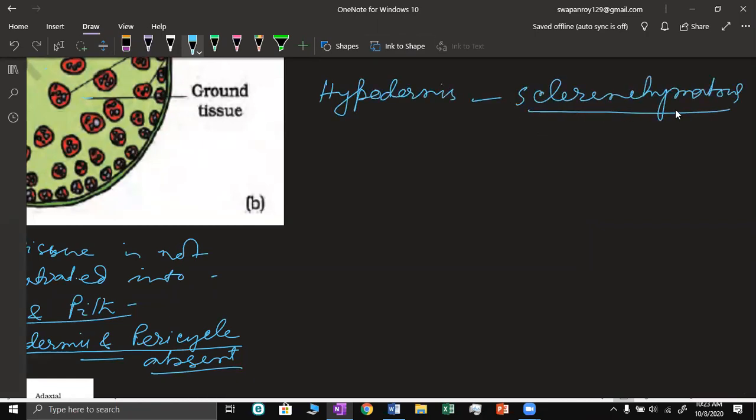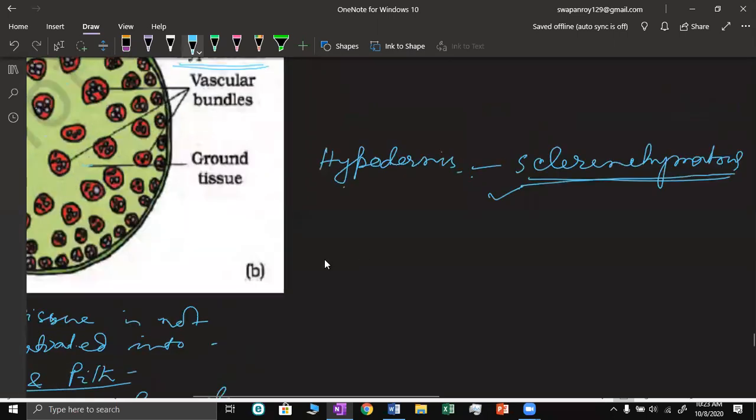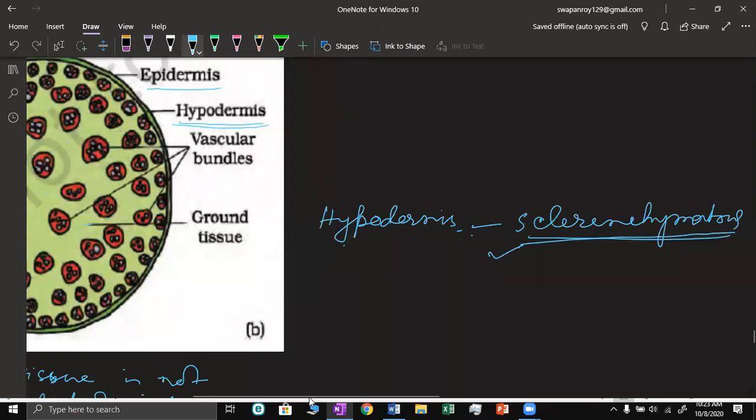Here the hypodermis is sclerenchymatous, and due to this, it can provide strength, better mechanical support to the stem of the monocot.